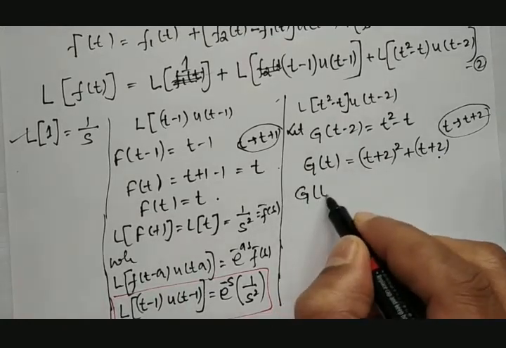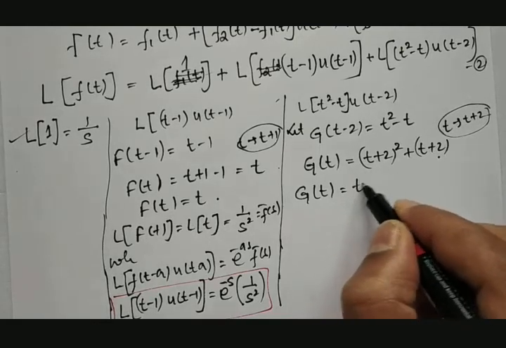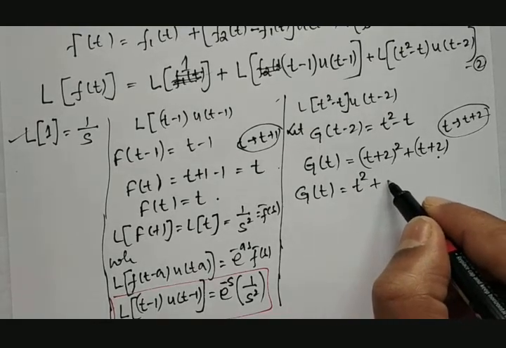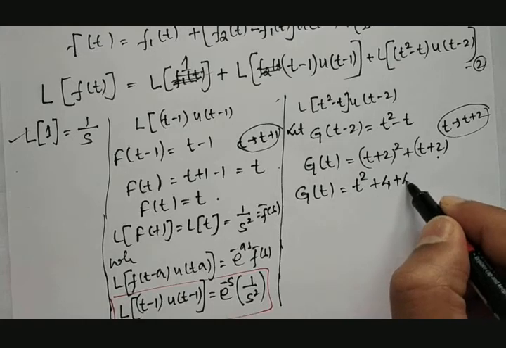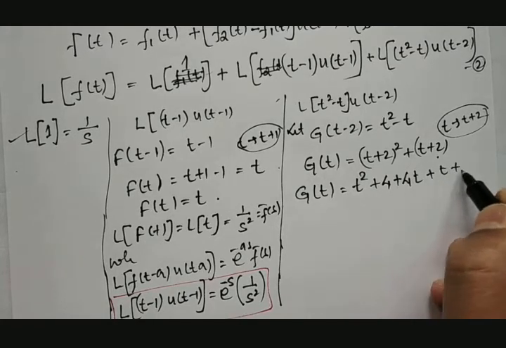Expansion of this is t square plus 4 plus 4t plus t plus 2.